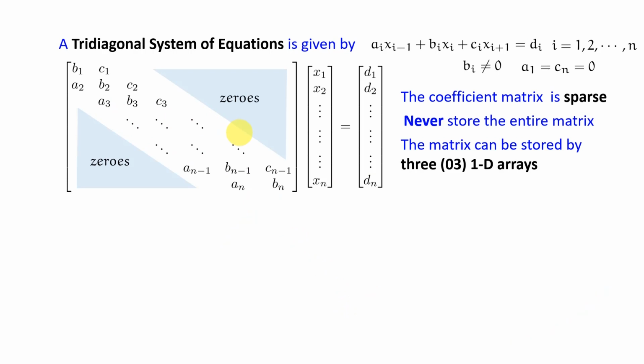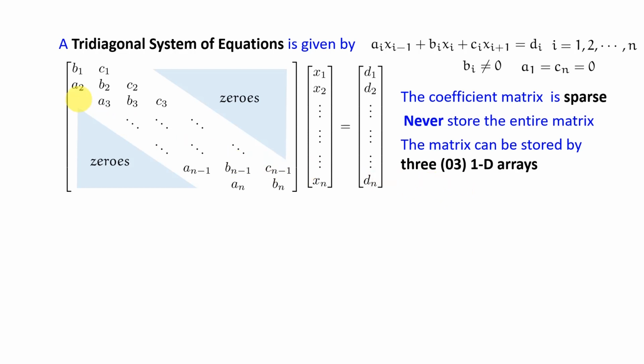First of all, even before we do anything, we have to store this matrix in a computer. To store this matrix, we should not store all these zeros. They will only take unnecessary space. And that is exactly why we don't want to make these zeros non-zeros at any time during our calculation. So these zeros will always remain zeros.